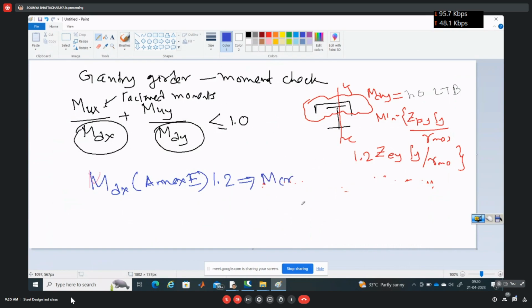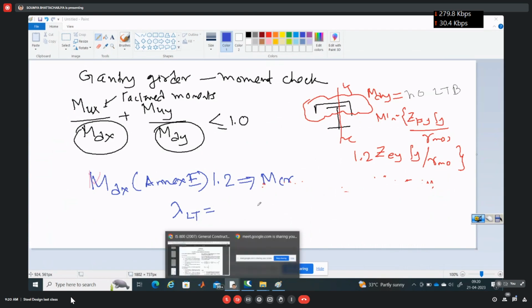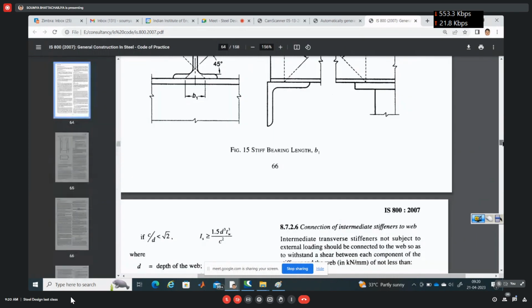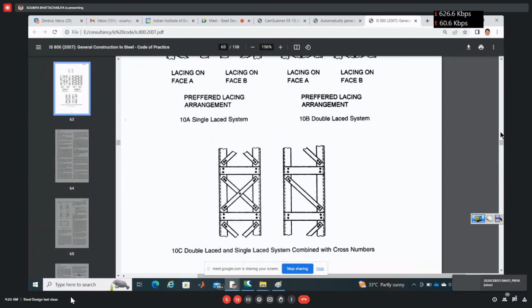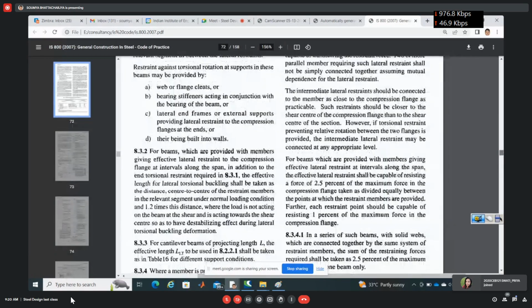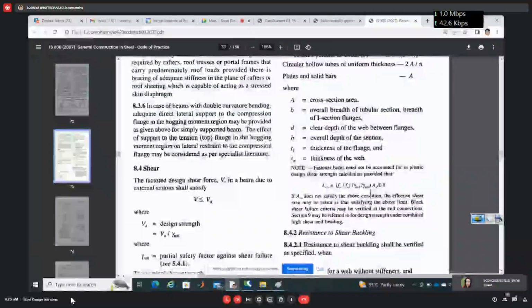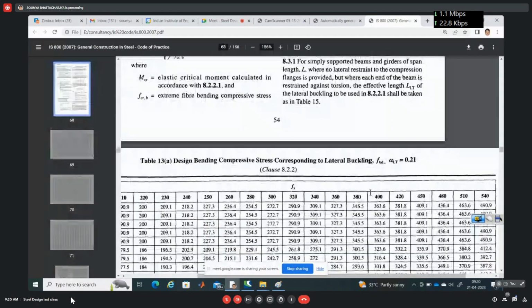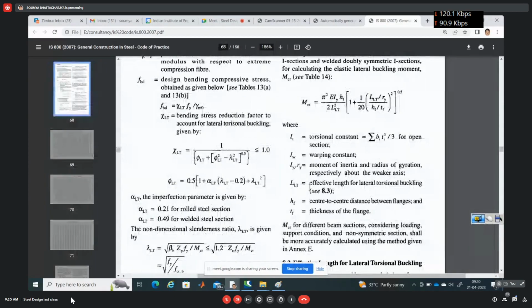Thereafter, you calculate lambda LT as per the clause. Yes, here it is.